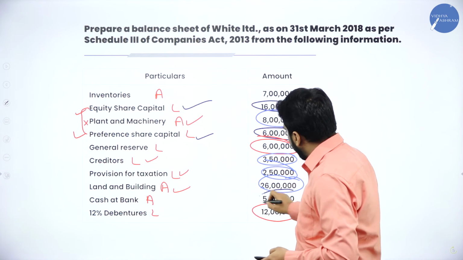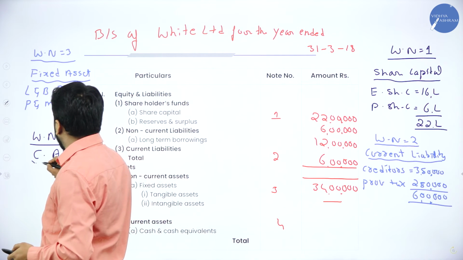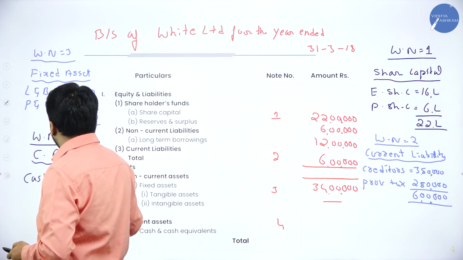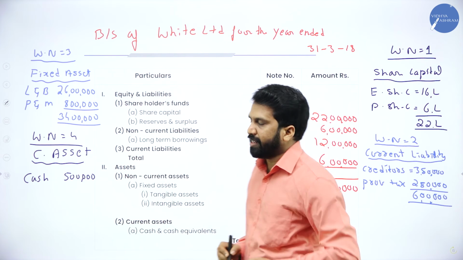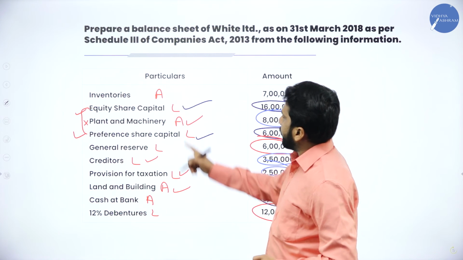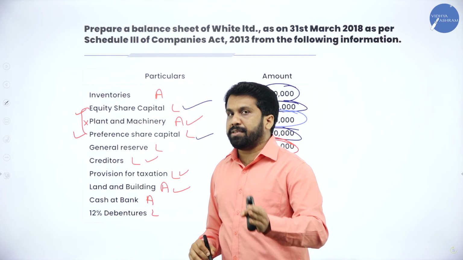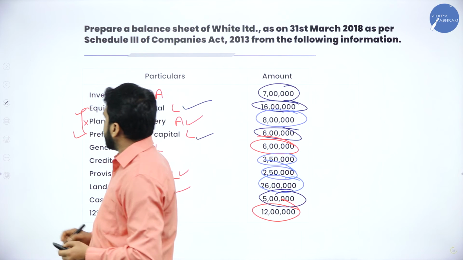How much cash at bank we have? 5 lakh. Cash at bank 5 lakh. What is the next current asset? We'll check. Next current asset, yes, inventory. Remember, inventory means your closing stock. 7 lakh.